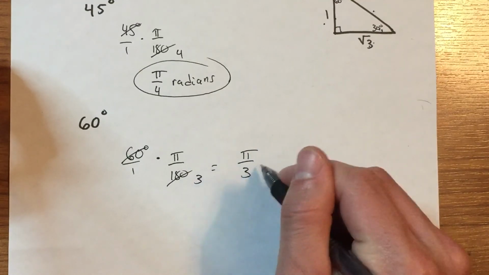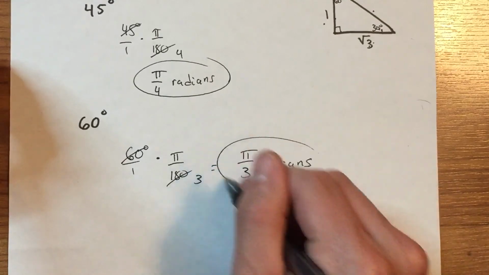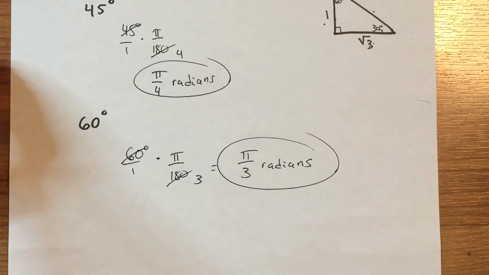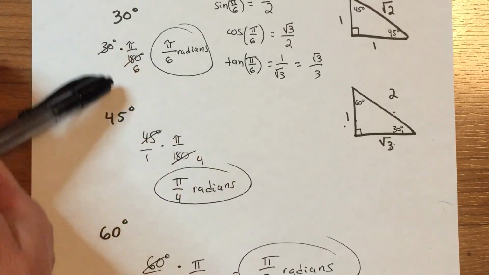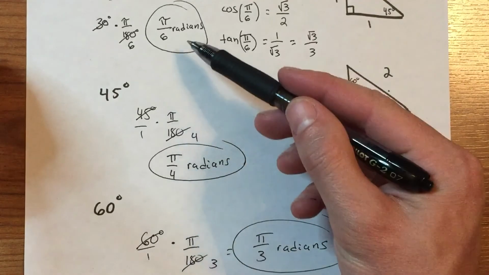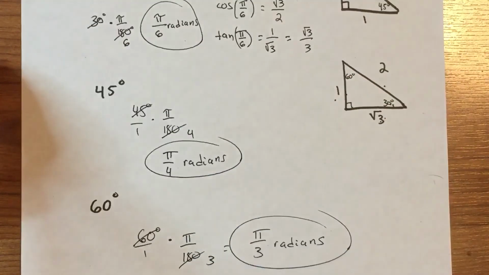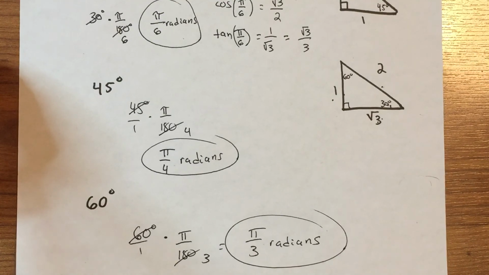So 60 degrees is equal to pi over 3 radians. Again, 30, 60, 45, these are special angles that we're going to know. So you're going to see pi over 6, pi over 4, pi over 3 radians show up very frequently. Again, or multiples of those angles.